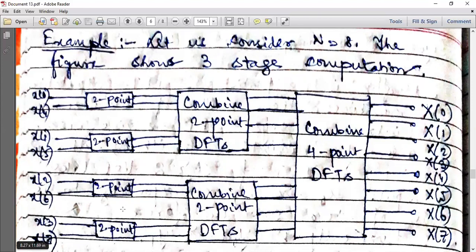These 8 samples, rather than stages, I have written in this manner: x0, x4, x1, x5, x2, x6, x3, x7. Why? You see, 4-point DFTs. So x0, then x4. This is the way that I have written.